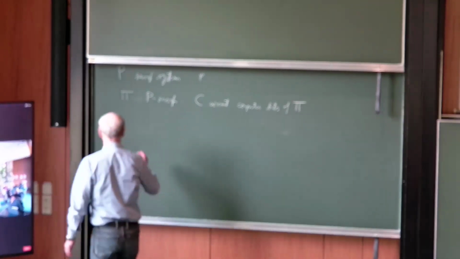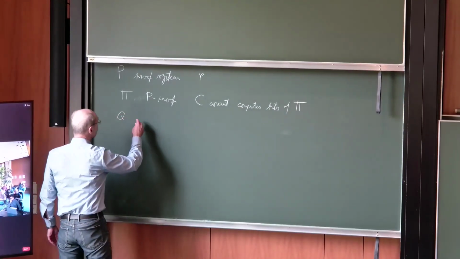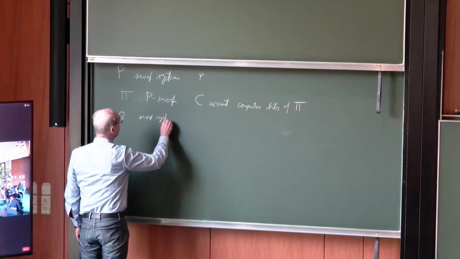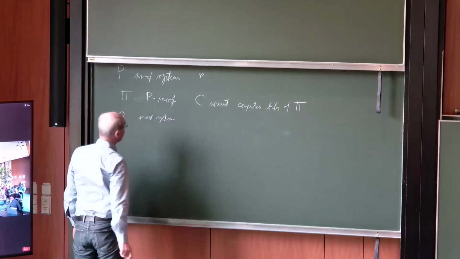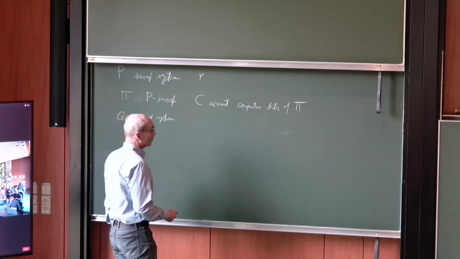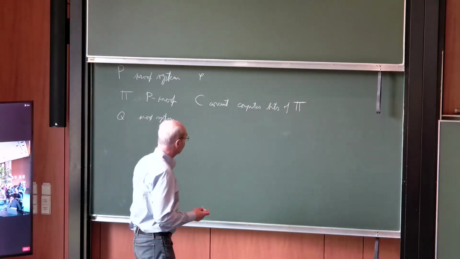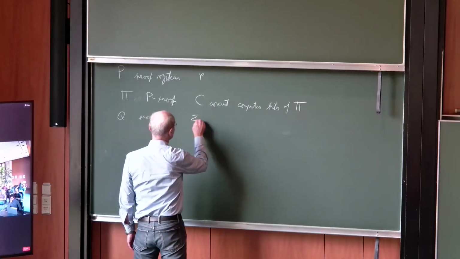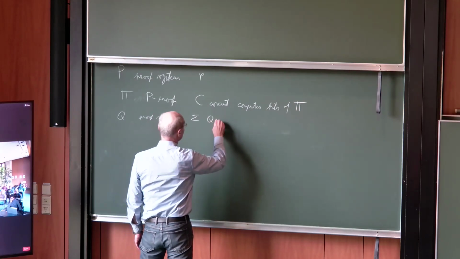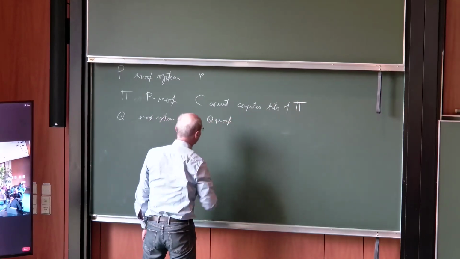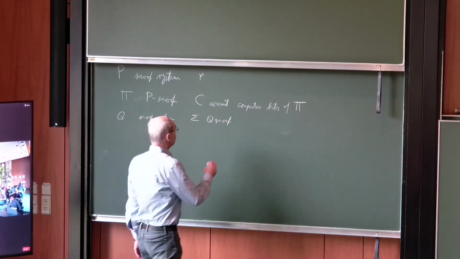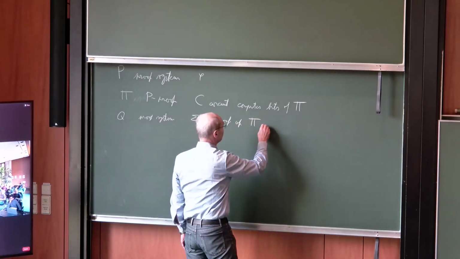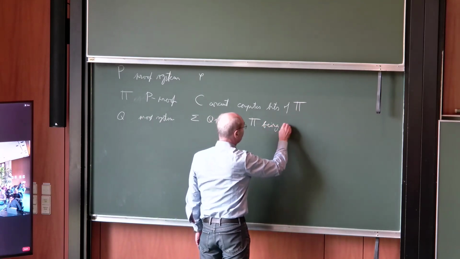Now, Bianca came up with the idea that we should have another proof, say in a different proof system. And this proof is now explicitly given. So let this proof be, say, sigma, and this is a proof of C being correct.